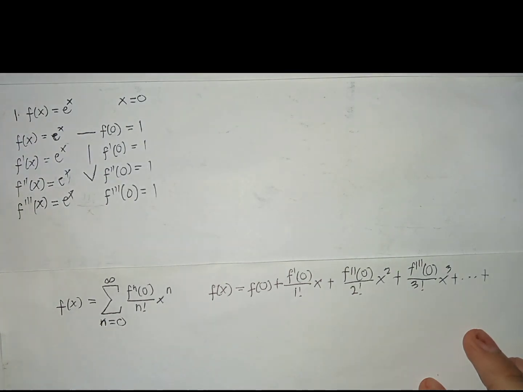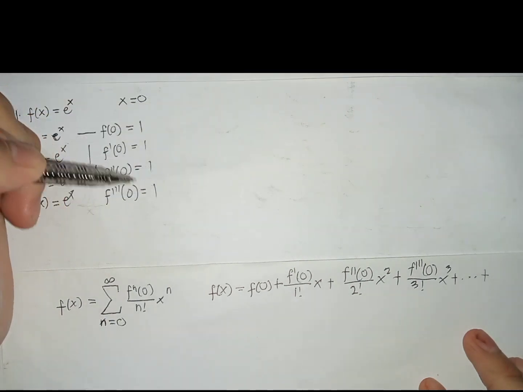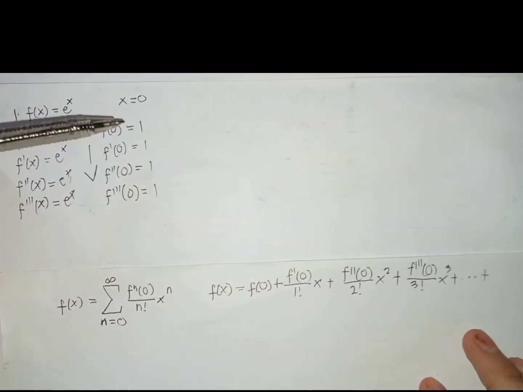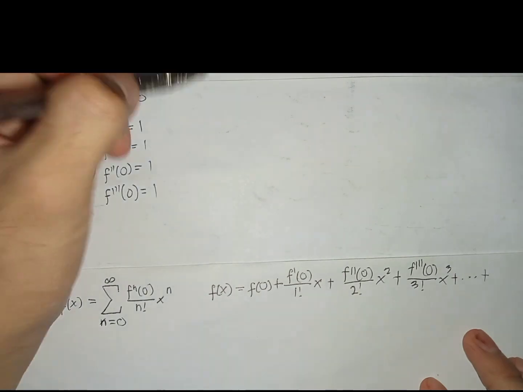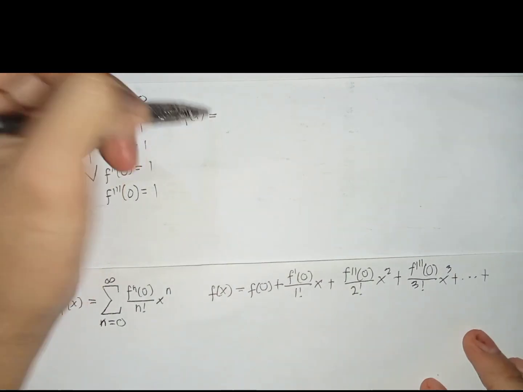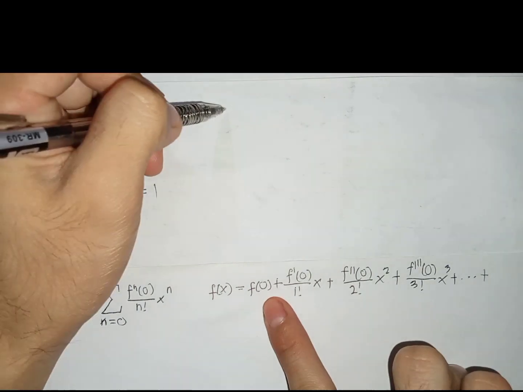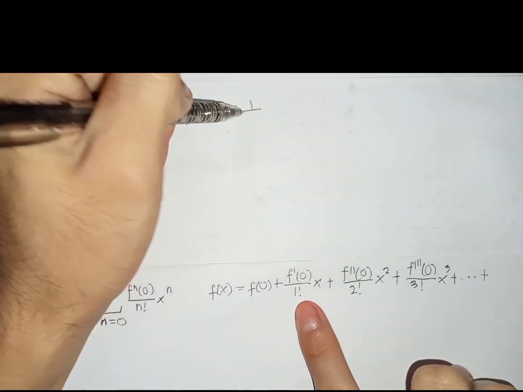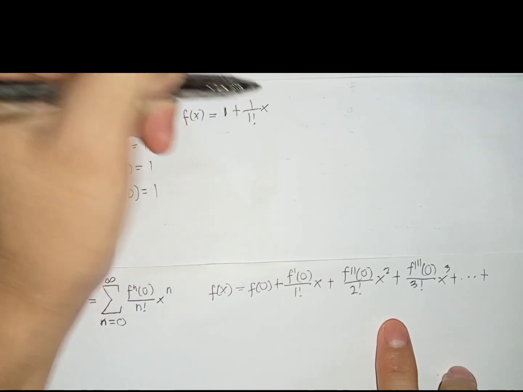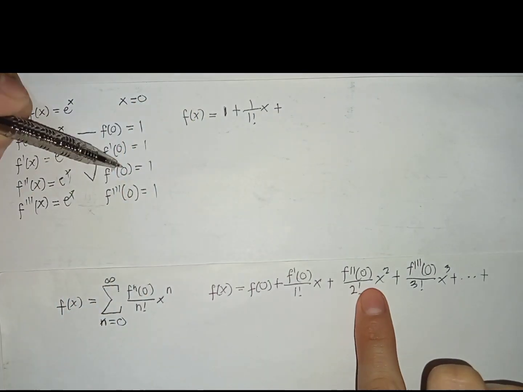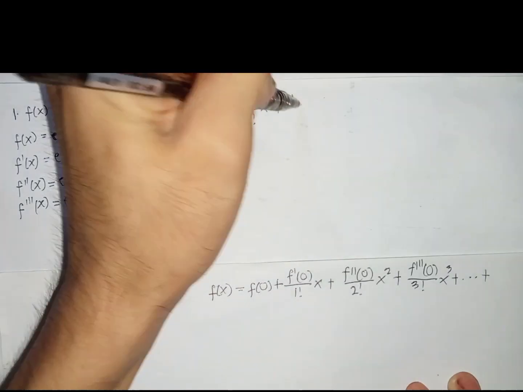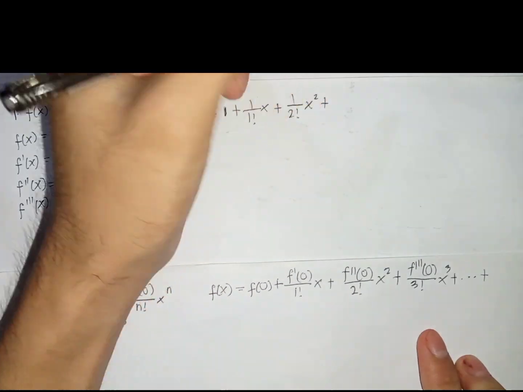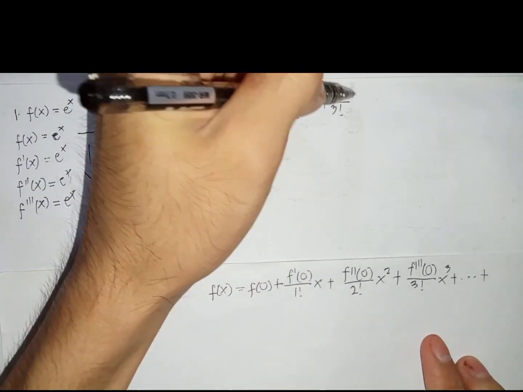For the third step, after obtaining the results, let's plug those results into the expanded formula of the Maclaurin series. So f of x equals, we can see that the value of f of 0 is 1, followed by the second term. f prime of 0 is also 1, over 1 factorial times x, and f double prime of 0 is 1 over 2 factorial times x squared, and up until the triple prime of 0, and so on.